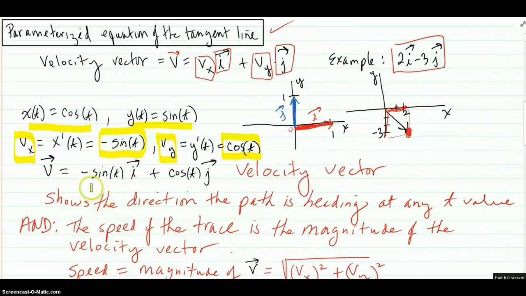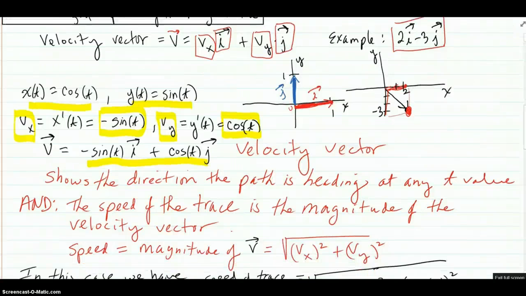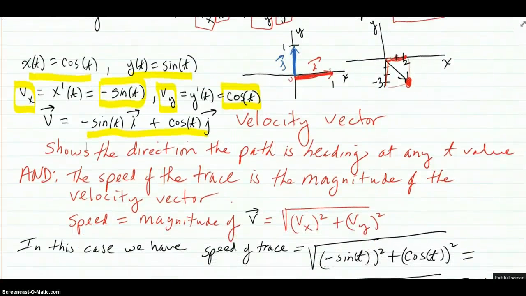So the velocity vector itself is minus sine t i plus cosine t j. That's your velocity vector. And what it does is it shows the direction the path is heading at that moment, at any t value, and the speed of the trace, the speed at which the point is moving on the path, is equal to the magnitude of that velocity vector.